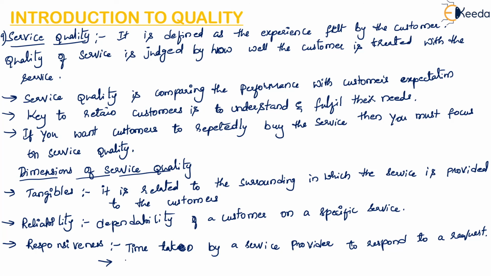The next one is the assurance. So this quality is related to the competence of the service employee. So the employees must be competent to gain the trust of the customers. The next and the last one is empathy. So empathy refers to the caring attitude that an organization shows towards a customer.